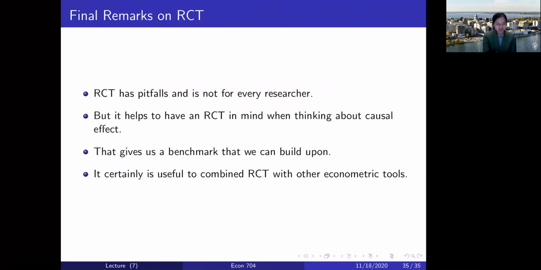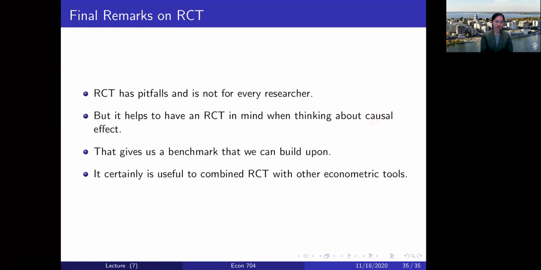Clearly, RCT has pitfalls, and it's not for every researcher. Not every researcher can pull off a randomized control trial, but it helps to have RCT in mind. Even if we cannot run an RCT, it's useful to imagine an RCT when we think about causal effect.